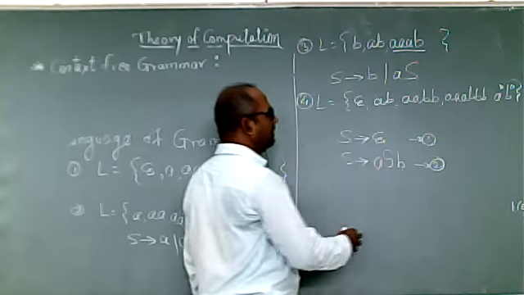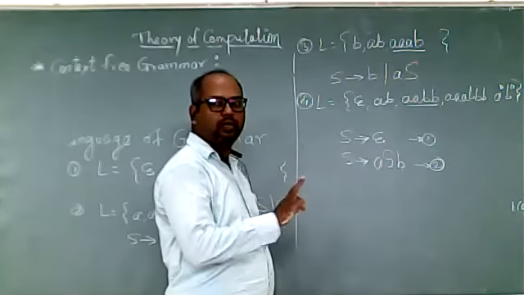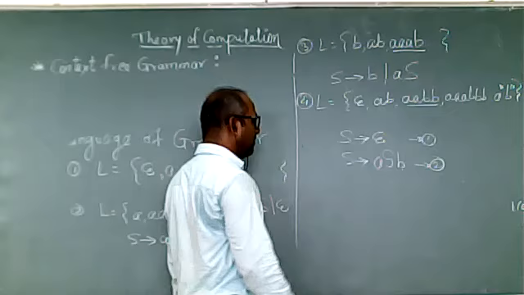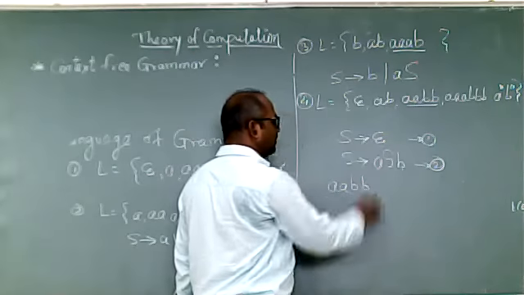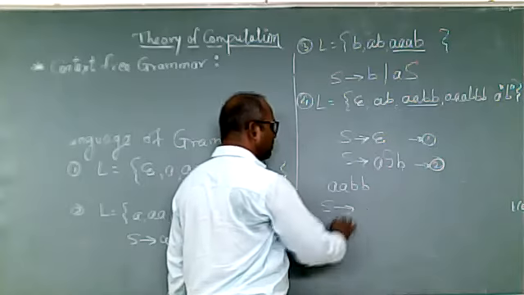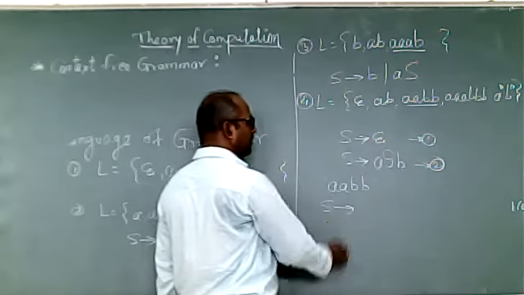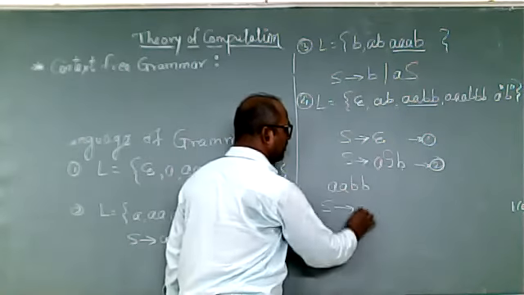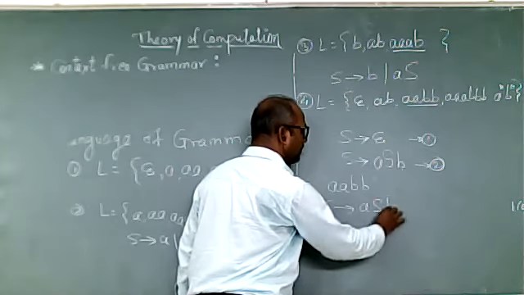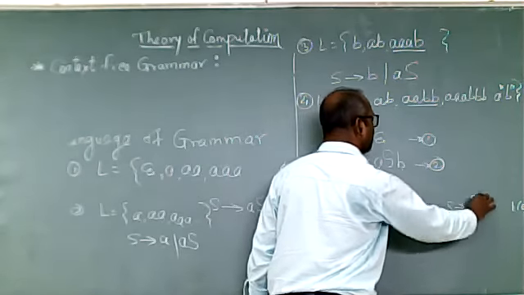We'll take one example. Suppose double A, double B, AABB, 2 A's and 2 B's, an equal number of A's and B's. Using sentential form, we'll start with the starting symbol S. Which production will I use to generate this string? I will use the production where S produces ASB.